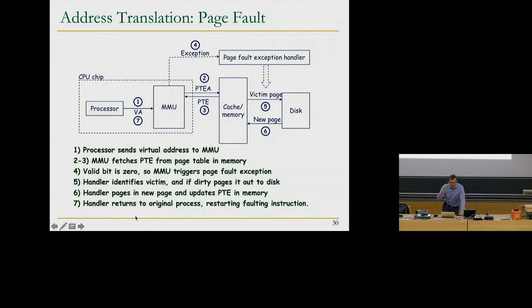And after all of this is done, the operating system returns control to the original process, restarting from the faulting instruction, which means that it needs to bring the process back into the processor.